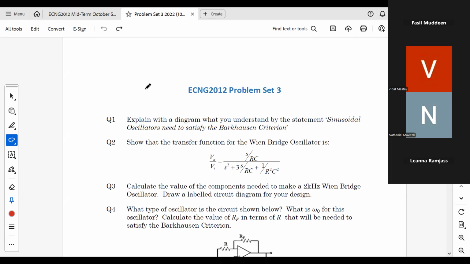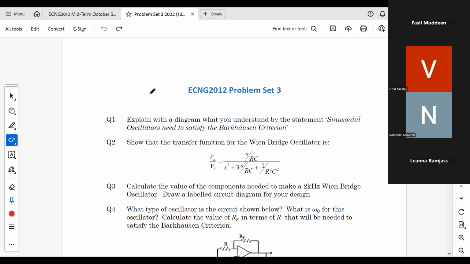What do you understand by the statement sinusoidal oscillators need to satisfy the Barkhausen criterion? Okay, check the notes. Remember, the Barkhausen criterion is a 2-part thing, that the gain around the loop is positive feedback that we're dealing with. So the magnitude of the gain around the loop has to be 1, and the phase change around the loop has to be 0 or a multiple of 2 pi.